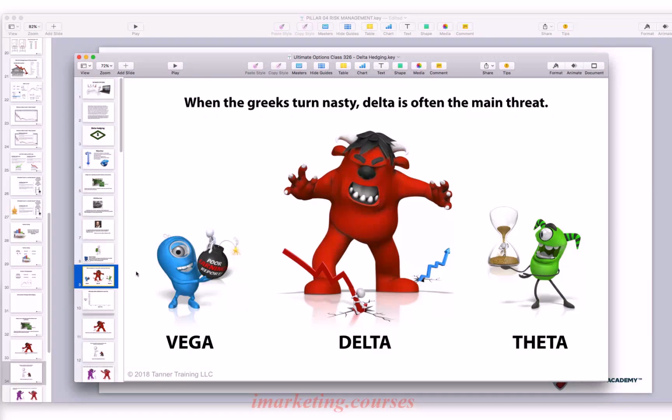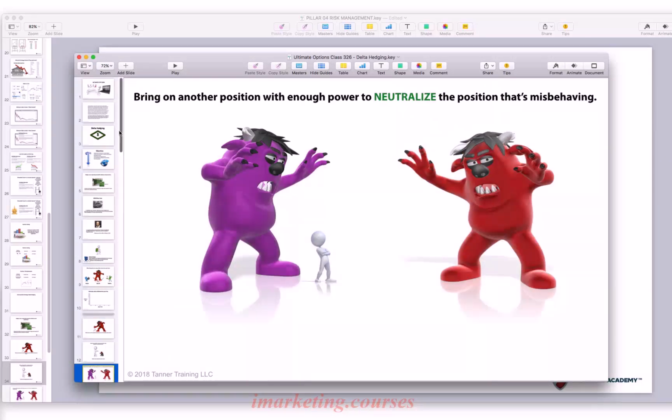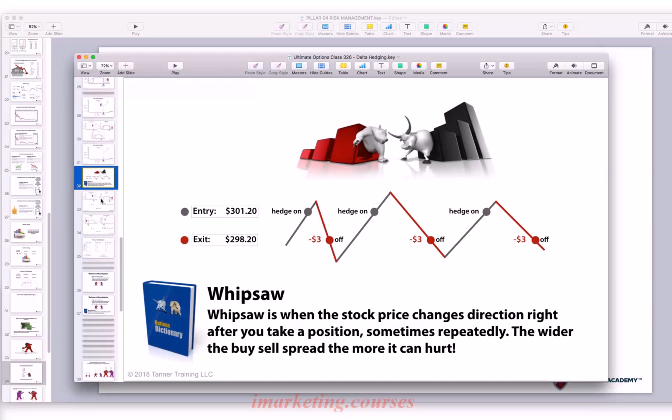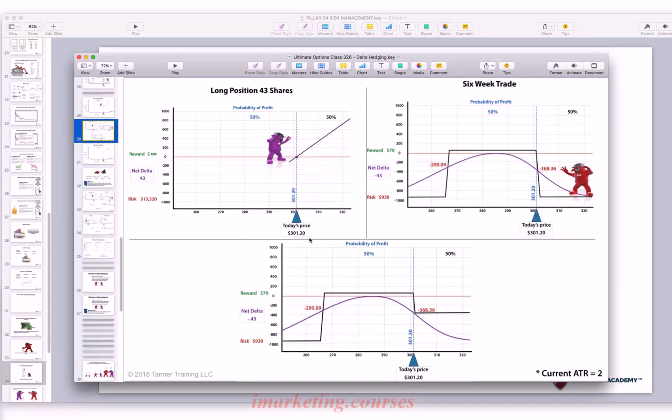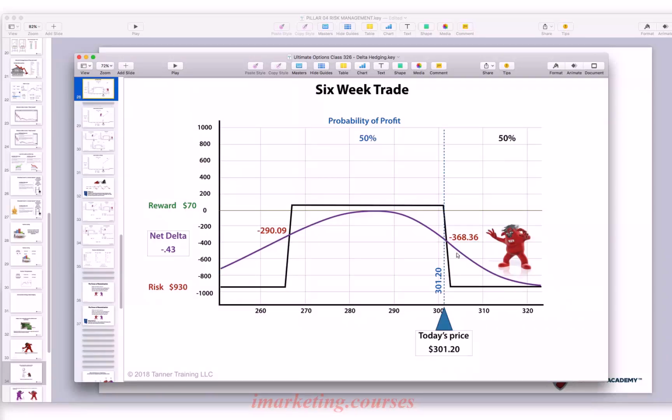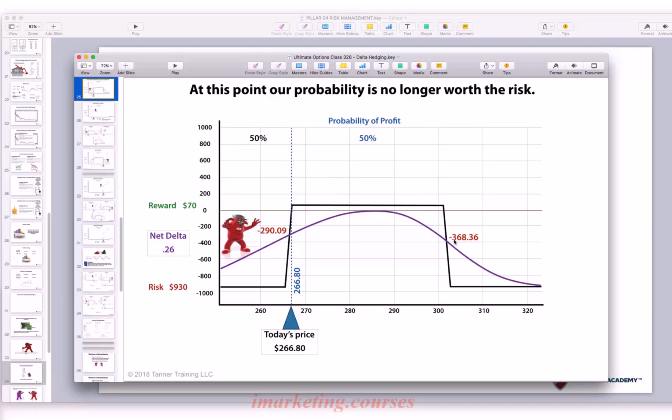So I give the same little monster analogy that you've learned, but then we go into sick, ridiculous, awesome learning how to hedge, like iron condors and way cool stuff, and how to get that stuff back.